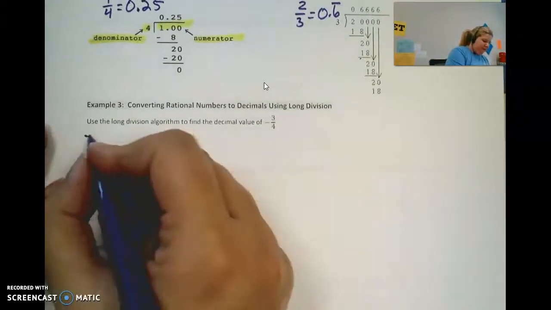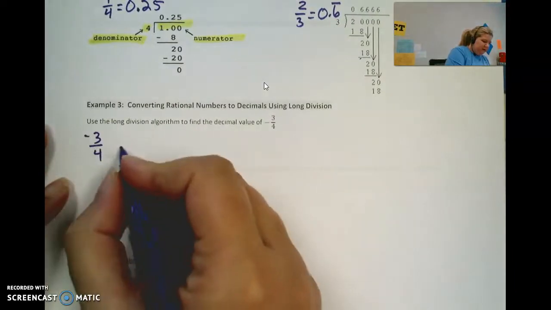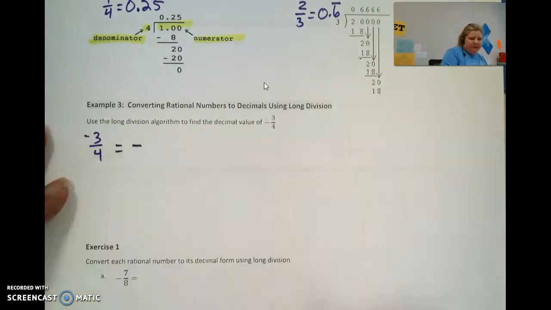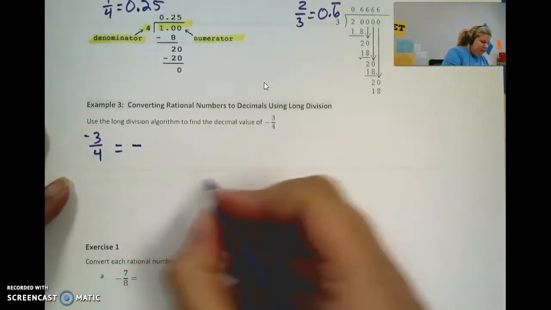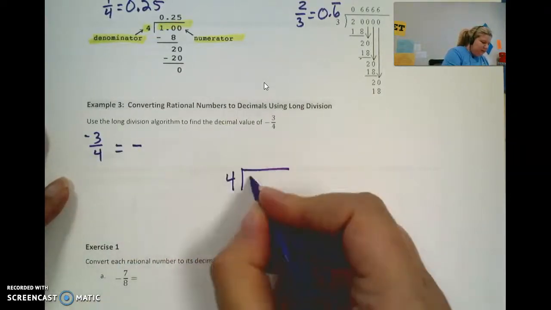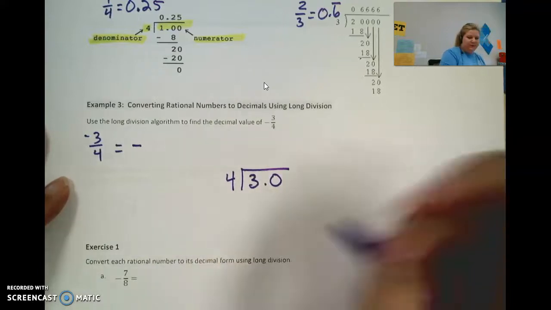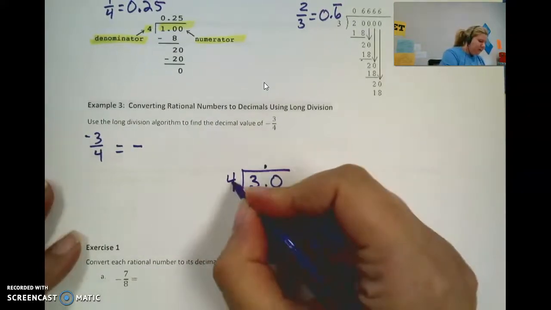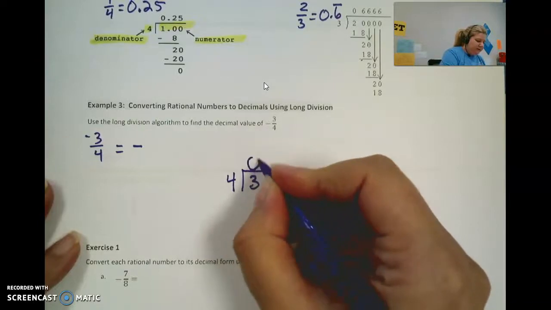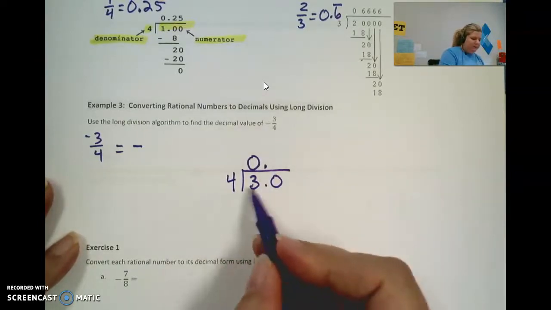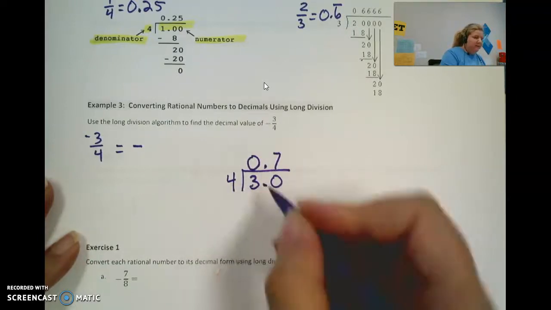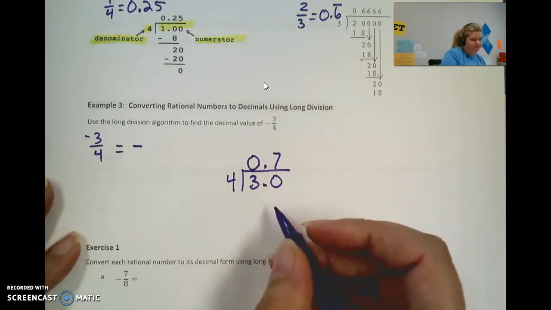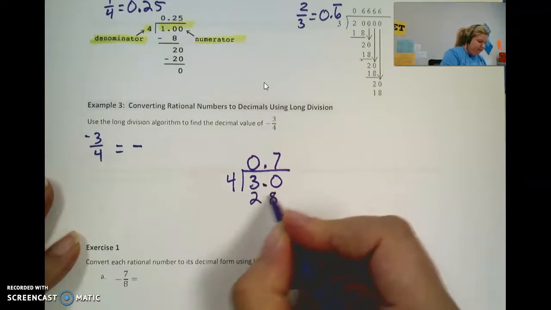So we have -3/4. I'm just going to go ahead and stick my negative sign there because I know that's going to be negative. And for the decimal, I'm going to go 4 into 3.0. So I'll think out loud here. How many groups of 4 are in 3? 0. How many groups of 4 are in 30? 7. 7 times 4 is 28.